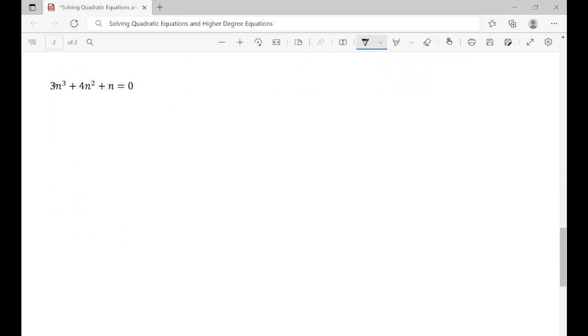This one, 3n cubed plus 4n squared plus n equals 0. I see this has a GCF of n, so I'm going to take n out first and that leaves me with 3n squared plus 4n plus 1 equals 0, like so.